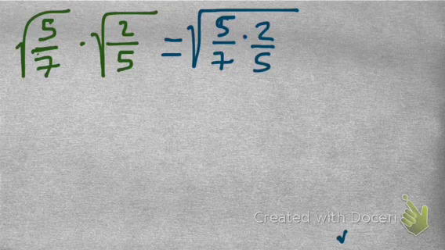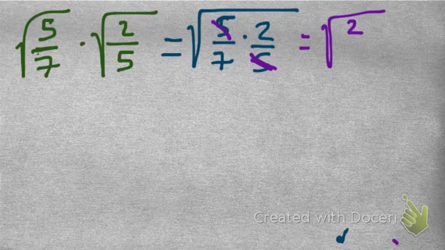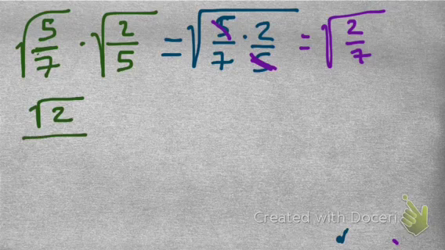And this time, I've actually got a 5 in the numerator and a 5 in the denominator, and so I know that just becomes 1, and I'm left with 2 over 7 inside. And I can split that into a radical on top and a radical on bottom.